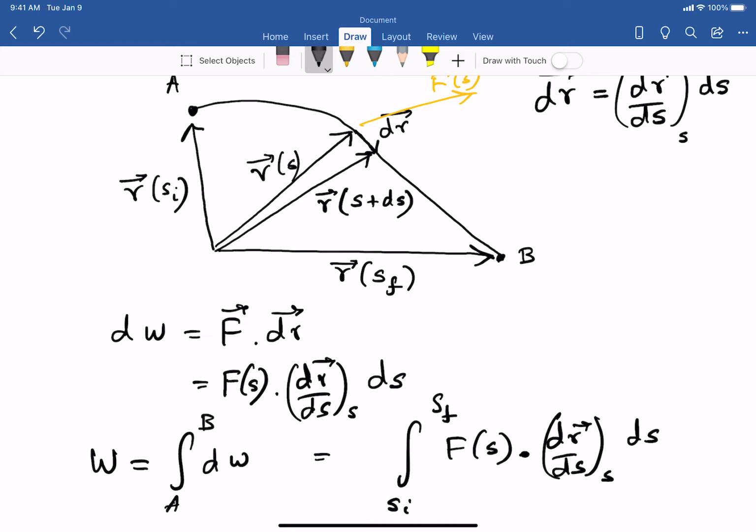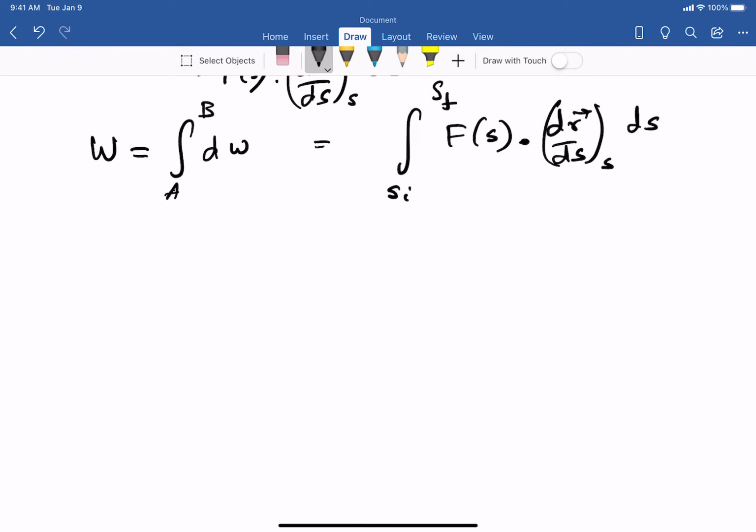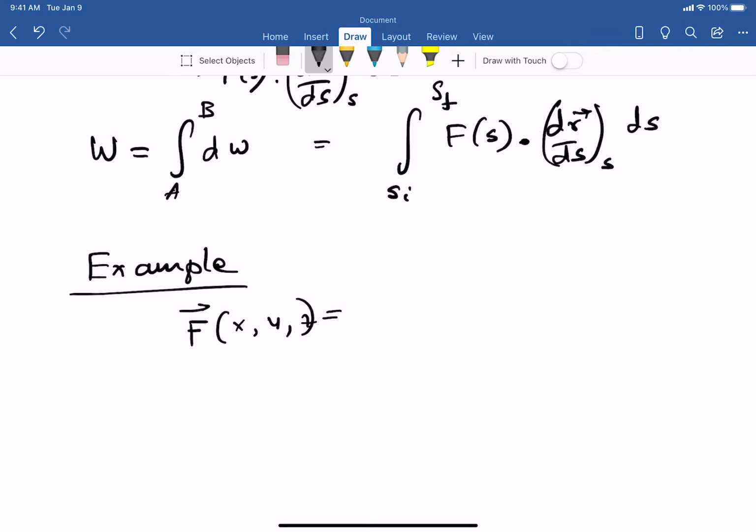All right, so let's look at an actual example. I'm just picking a random example from a textbook. So this is an example. We are given a force F which is this complicated force: 8x²yz i hat plus 5z j hat minus 4xy k hat.